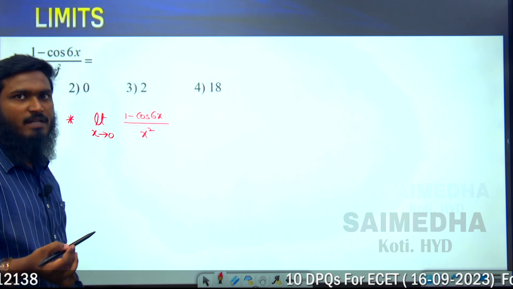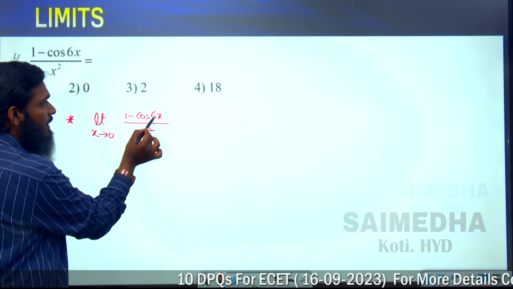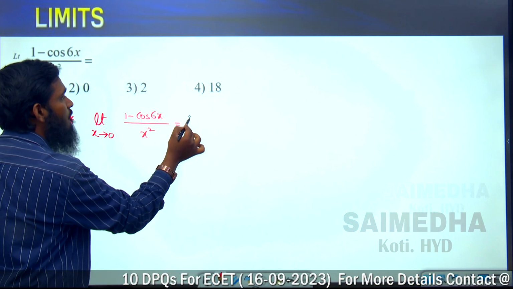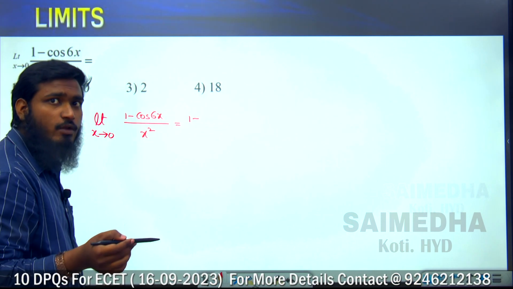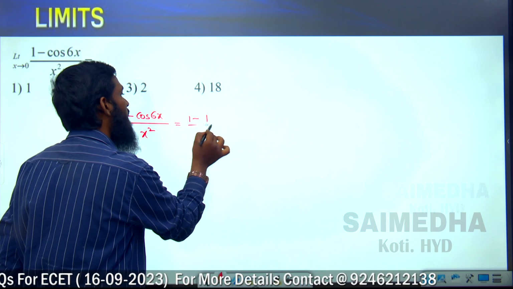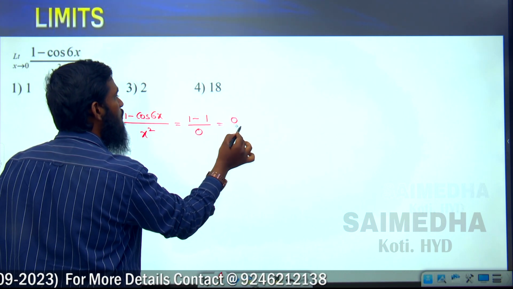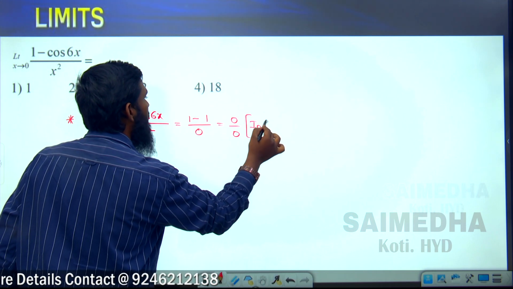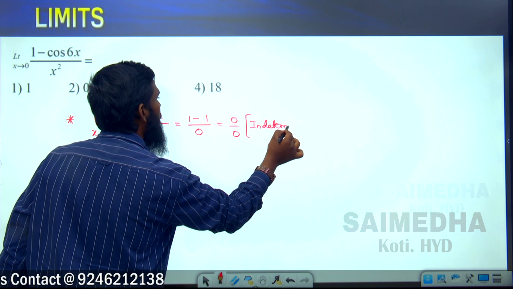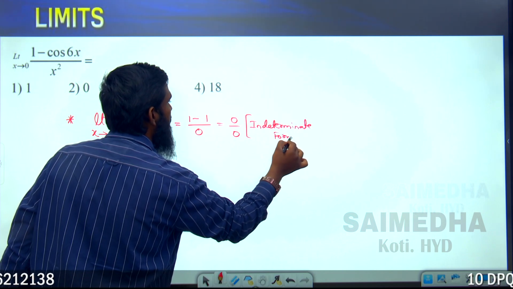If we substitute x as 0, 1 minus cos of 6 into 0, which is cos 0, equals 1, and divided by 0 square, which is 0. So we are getting 0 by 0, which is one of the indeterminate forms.